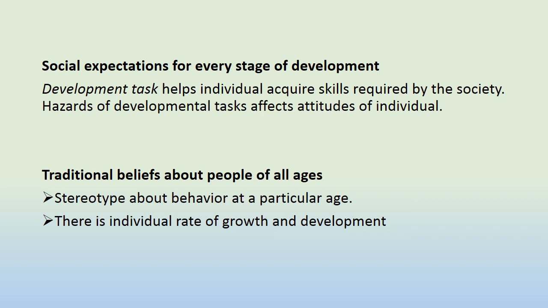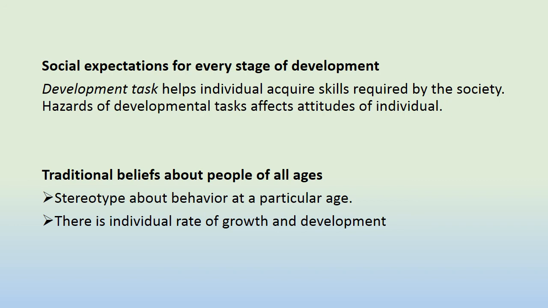Now, this hazard of developmental tasks affects attitudes of the individual. With each phase of development, an individual is expected to acquire certain skills, which have to be as per the norms of the society. Learning of these skills helps in becoming a productive member of the society, and if there is any hazard which hinders acquiring of skill, it has an effect on the attitude of the individual.